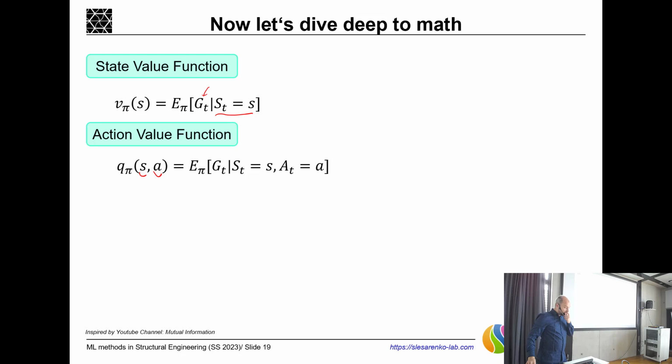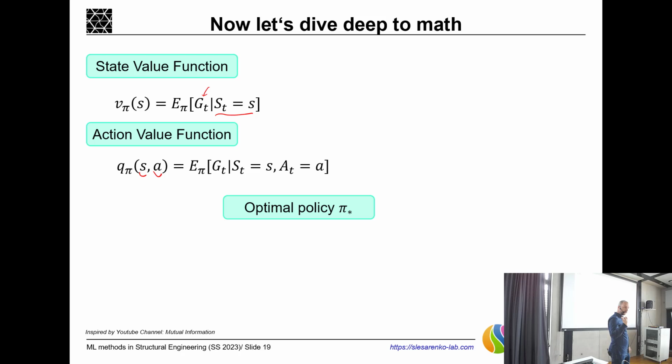So in this case, what we want: we have state values and we have action values, and we know that they're actually connected to how much we get at the end, how much reward. And now we can introduce the optimal policy, because right now in each state our agent can say right or left, press the right button or press the left button, and our optimal policy is actually... how to simplify it?